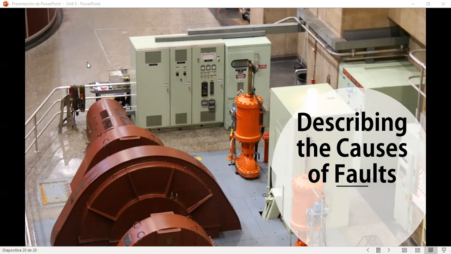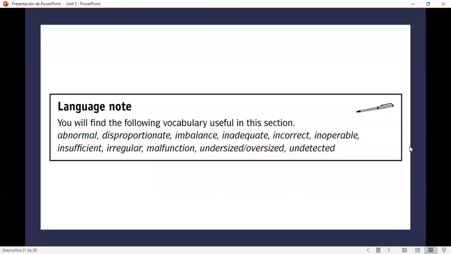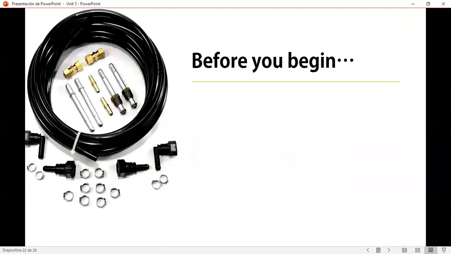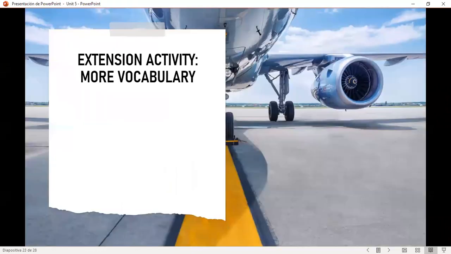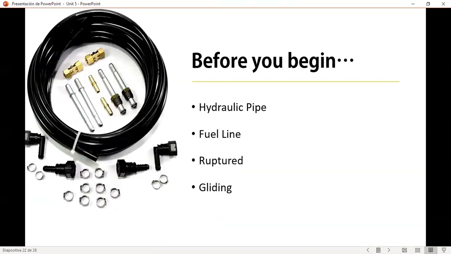And you might remember the language note, the useful vocabulary, like undersize, malfunction, insufficient, and stuff like that. We also worked with four vocabulary extras: hydraulic pipe, the fuel line, the rupture, and gliding.